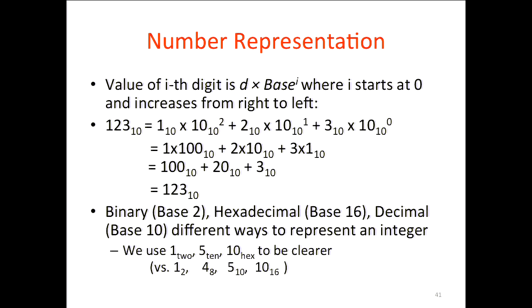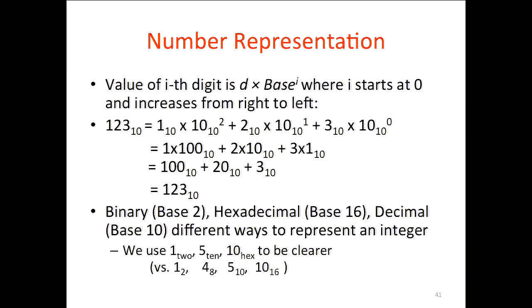You're all familiar with the decimal system. That will be something of the sort d times base to the i, where d is a digit, and base is 10 in our decimal system. i is the place of the digit in the number.